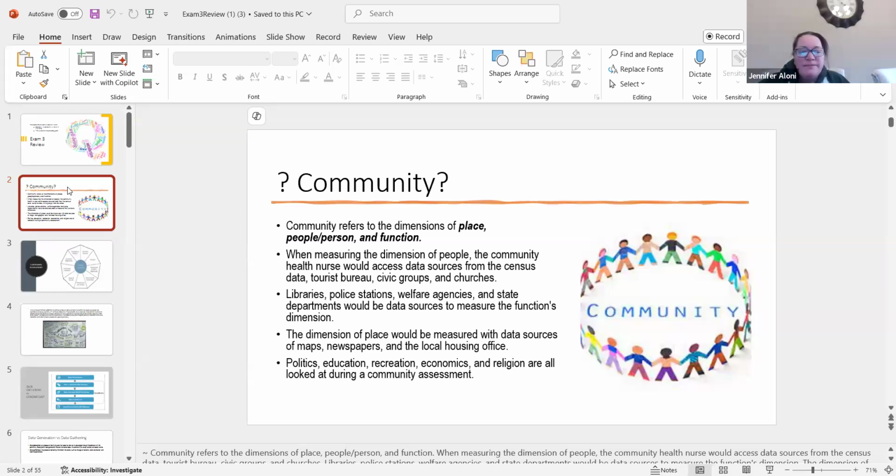Libraries, police stations, welfare agencies, and state departments are going to be data sources to measure the function. Dimension of the place would be measured with stuff like maps, newspapers, and the local housing office. So we see the different dimensions. Politics, education, recreation, economics, and religion are all going to be looked at during our community assessments, right?